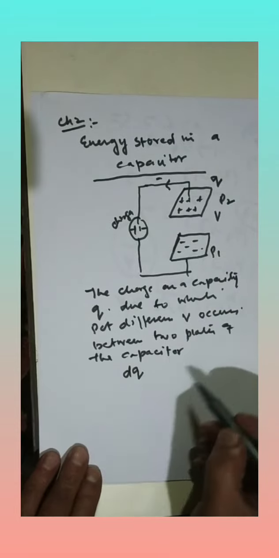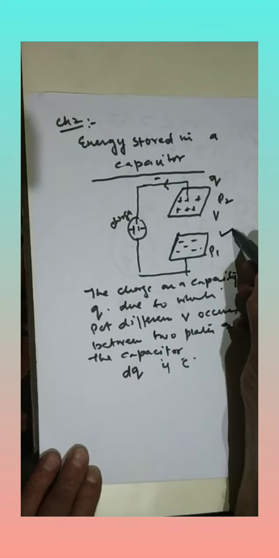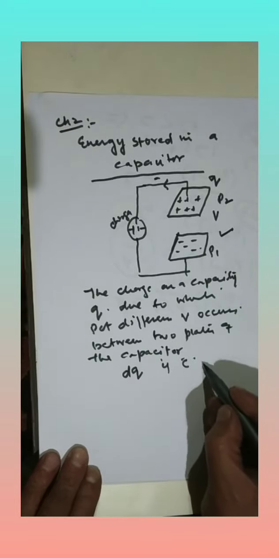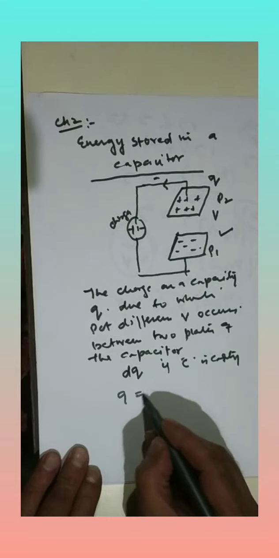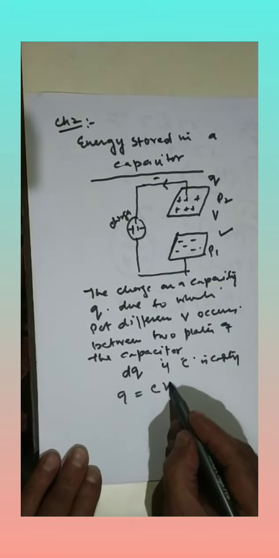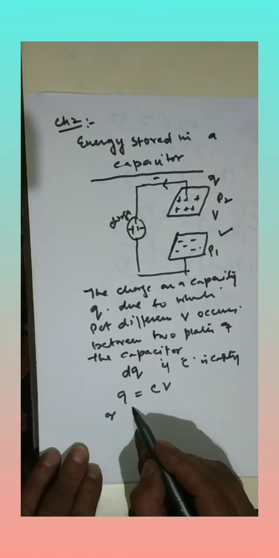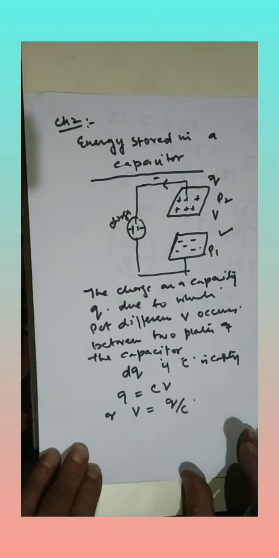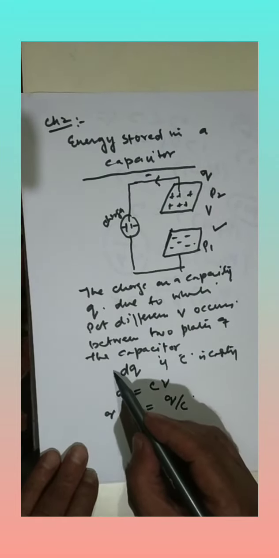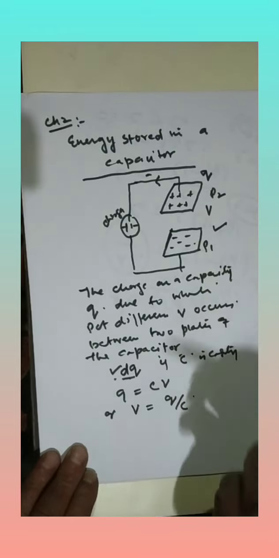Now, if C is the capacity of the capacitor, then you know that Q is equal to CV, or we get potential V is equal to Q by C. Now, since we want to deposit this small amount of charge, small work is to be done.